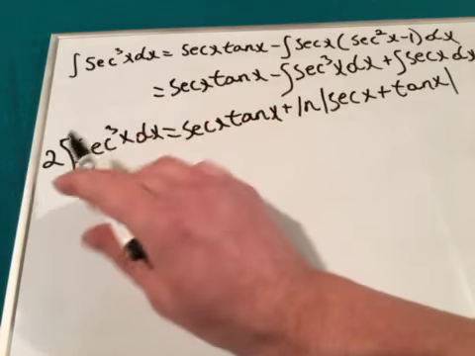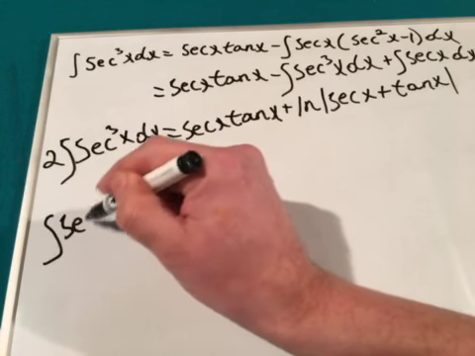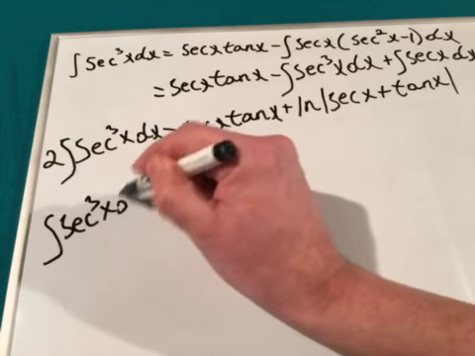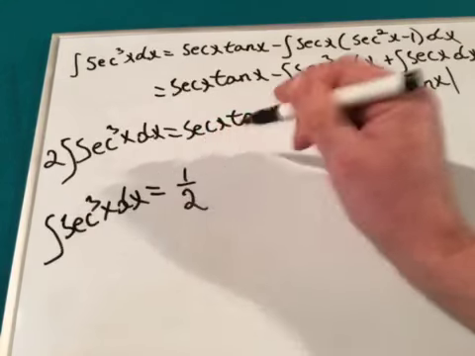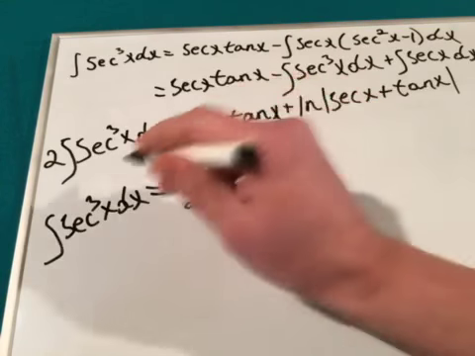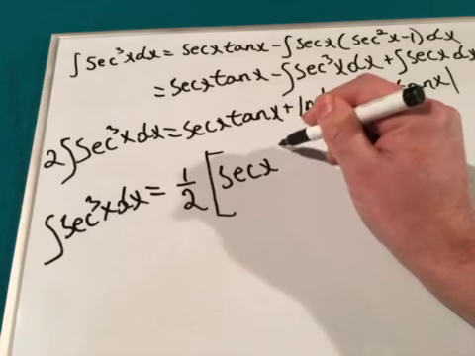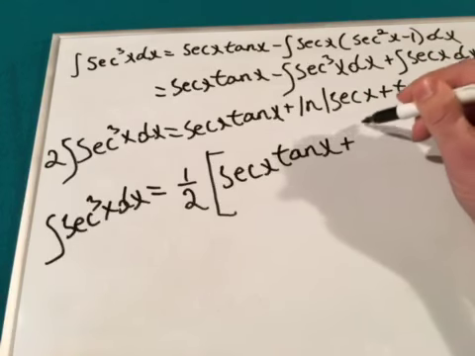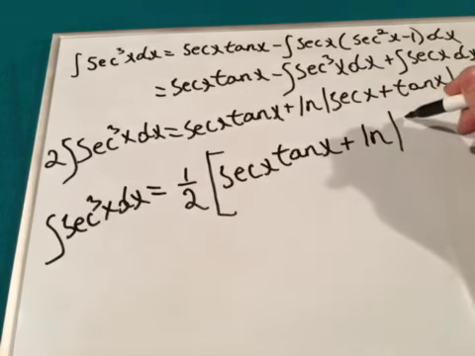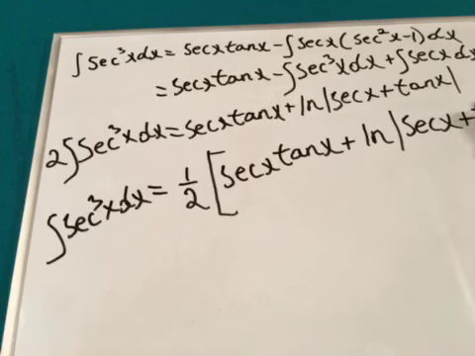Same thing, right? So we have the integral of secant cubed x dx is equal to what? It's equal to 1/2 times all this, times secant x tangent x plus the natural log of the absolute value of secant x plus tangent x, right?